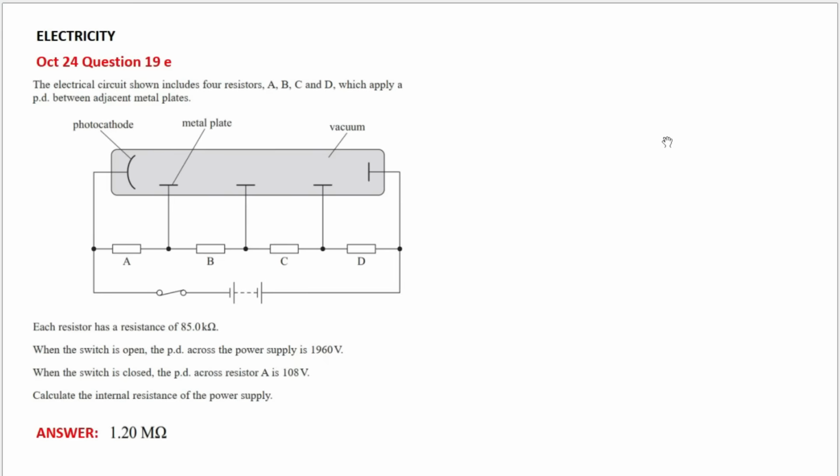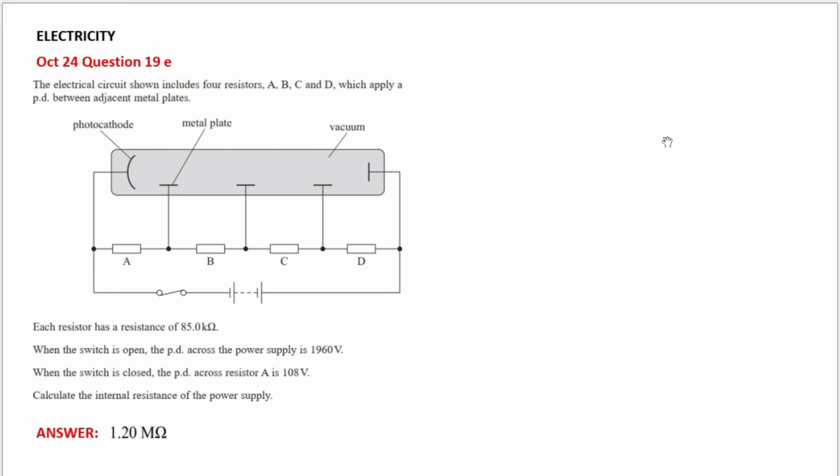When the switch is open, the PD across the power supply is 1960 volt. When the switch is closed, the PD across the resistor A is 108 volt. Calculate the internal resistance of the power supply.